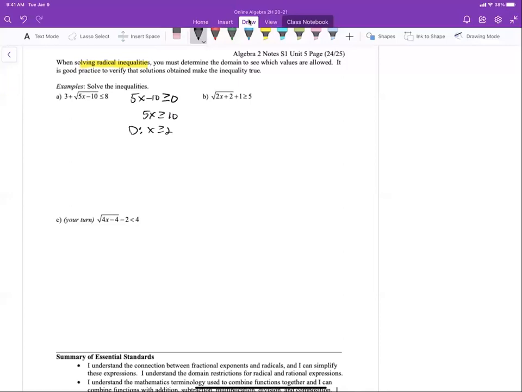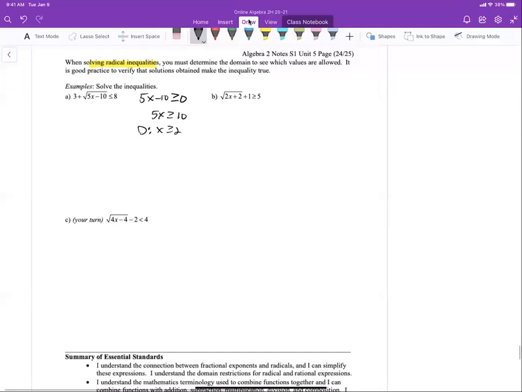Now I can go through the steps for A, just like what I had done before, by isolating that radical. So we will subtract 3 from both sides. So I get 5x minus 10 is less than or equal to, and 8 minus 3 is 5. And then I need to square both sides.